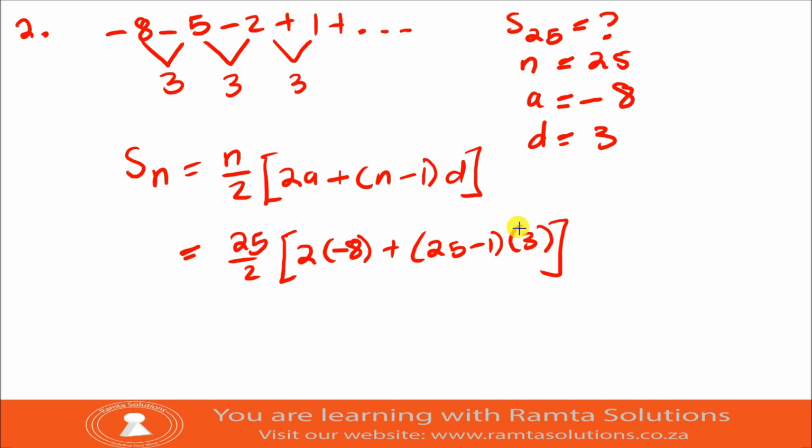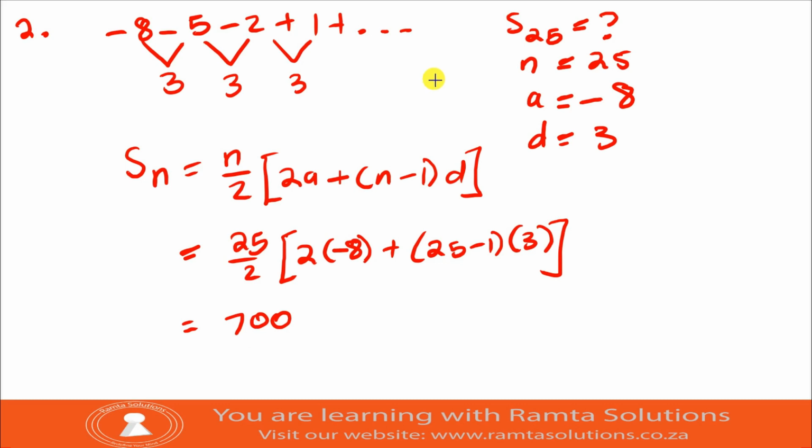I am getting 700. My calculator returns 700: 25 over 2 multiplied by negative 16 plus 24 times 3, close the brackets. Yes, it's 700.